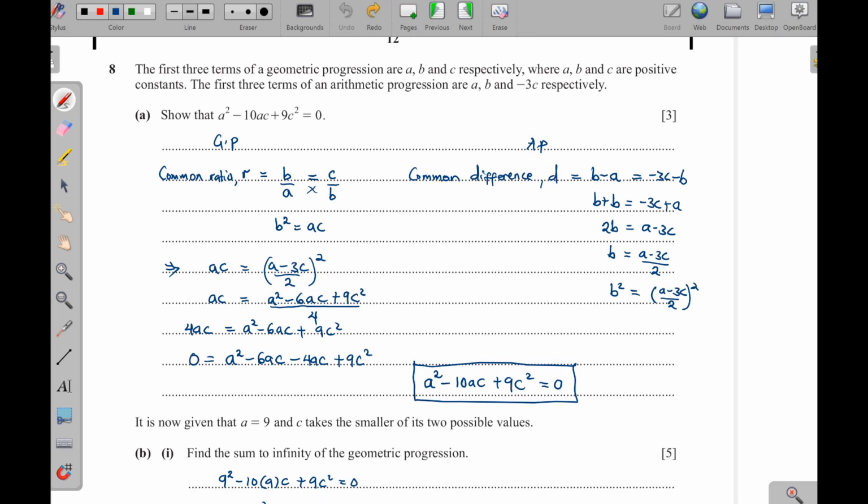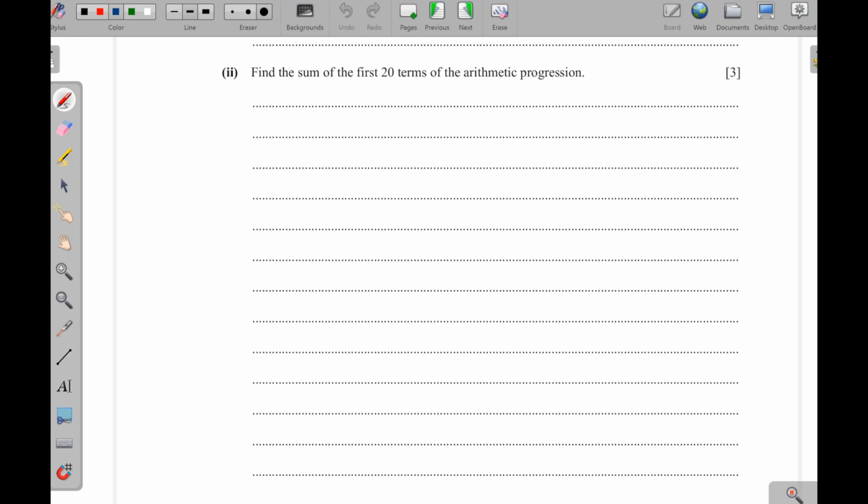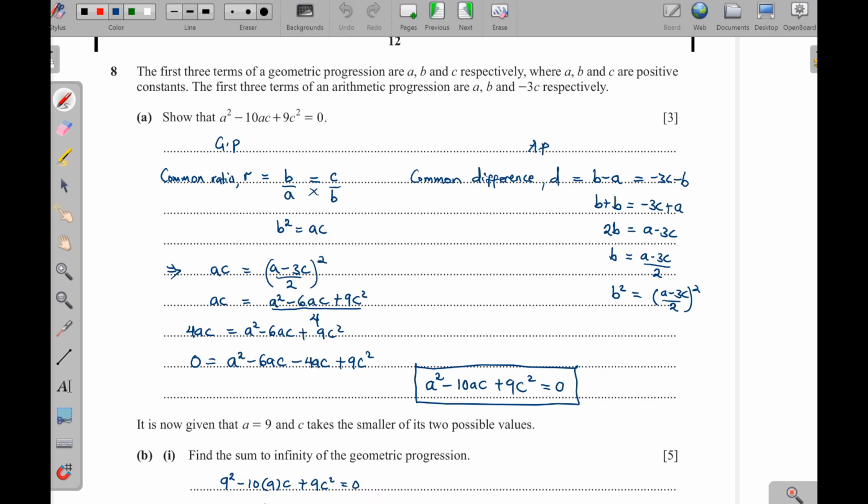The common difference is either B minus A or C minus B. So I'm going to use B minus A. Now, the common difference D is equal to B minus A. Yes, B minus A.